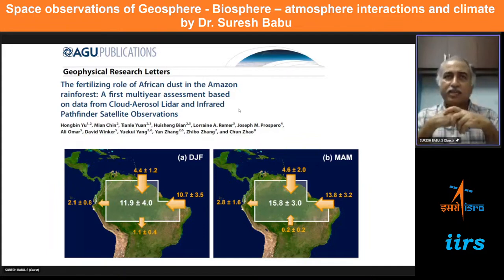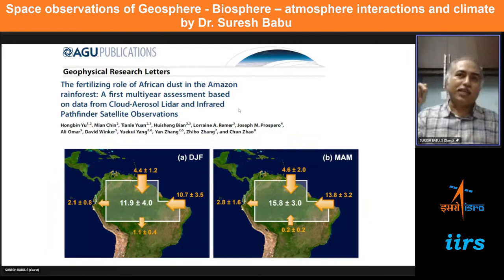This was an international study involving scientists from different parts of the world, who found that the Amazon region is mainly fed by Saharan dust. So any land use or land cover changes in the Saharan region will have a detrimental effect in the Amazon, which is far away, on a different continent.